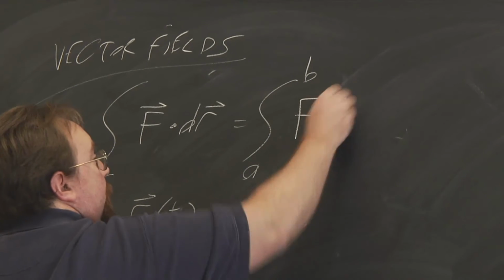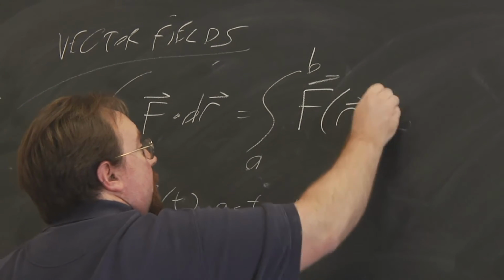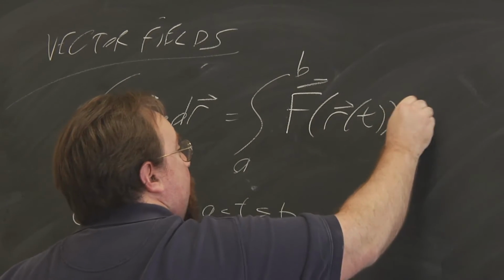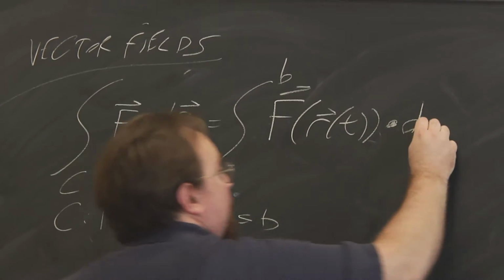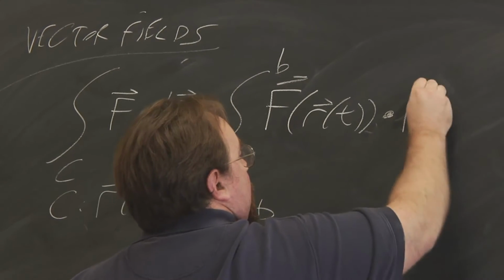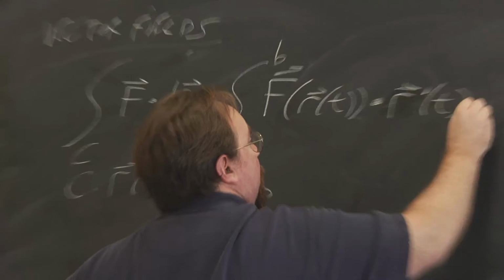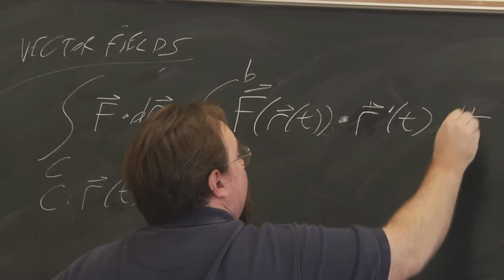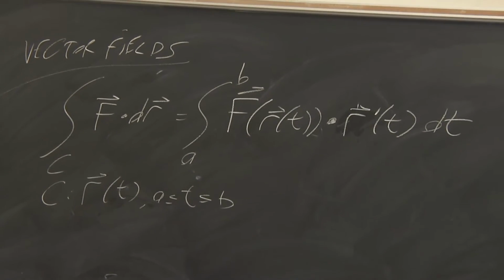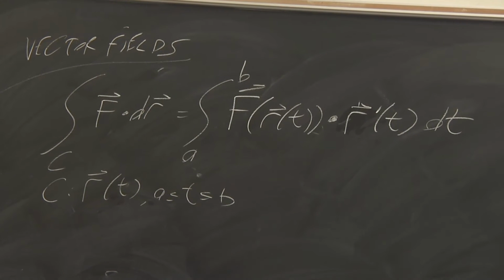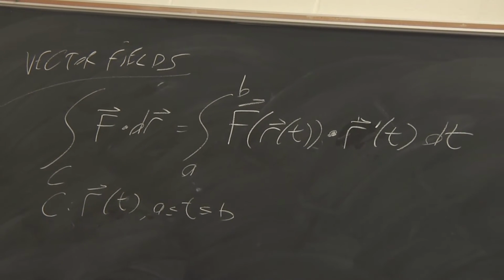We have our vector field with the parameterization plugged in, dot product with the tangent vector, not normalized. So that's what you do for integrating a vector field over a curve.